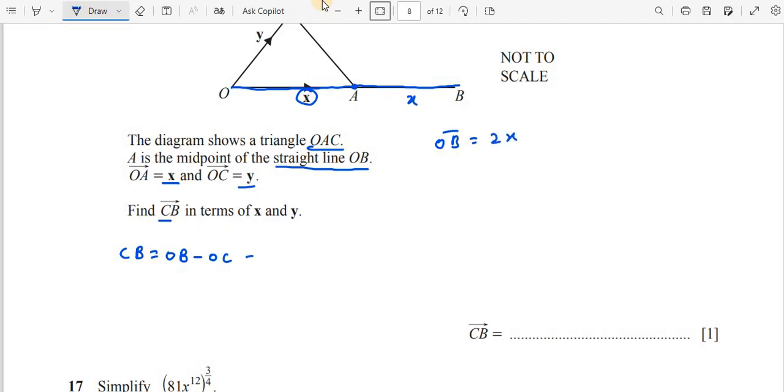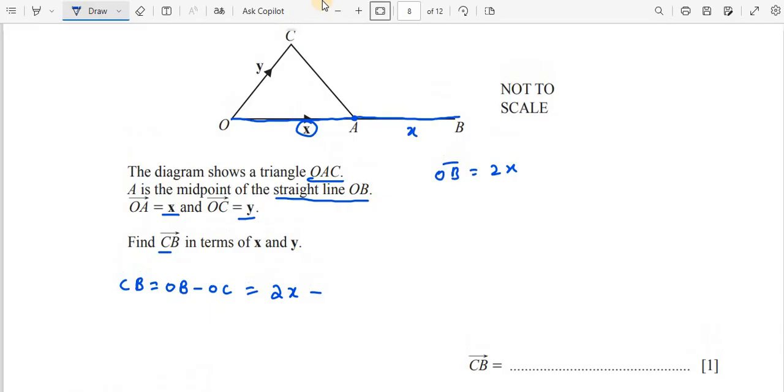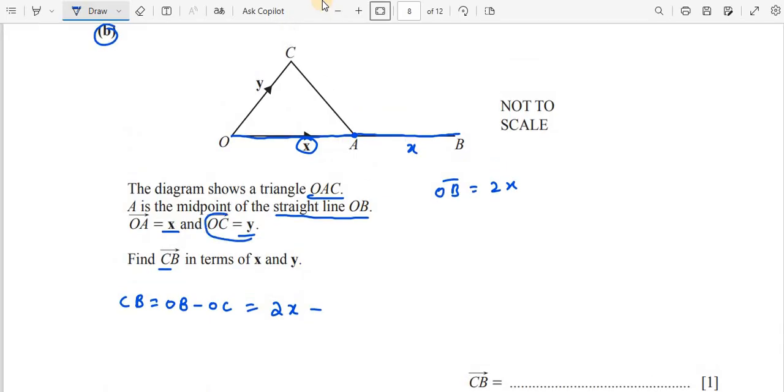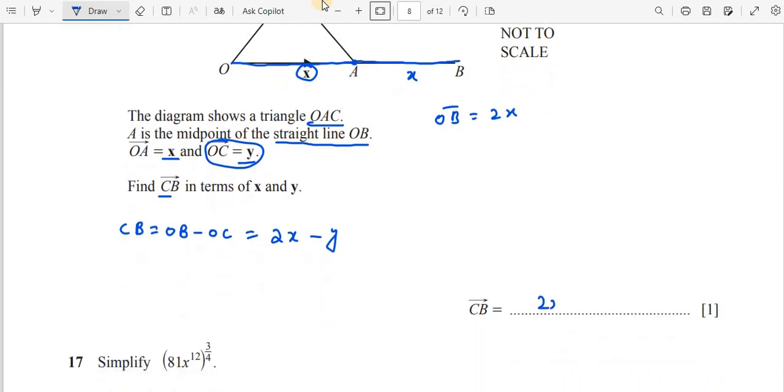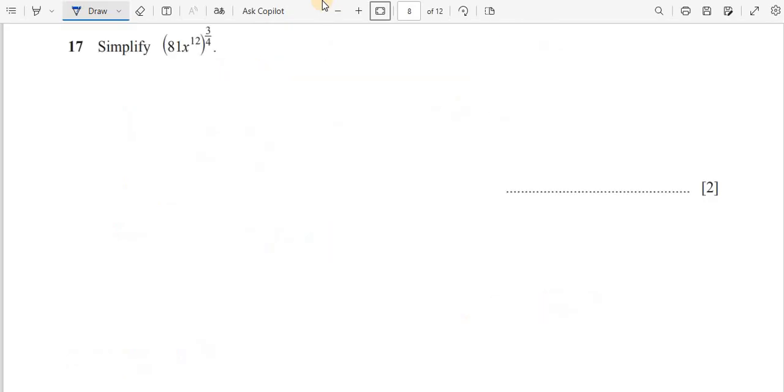So CB is equal to 2x minus OC. OC is equal to y. So the final answer is 2x minus y. Question number 17. Simplify 8.